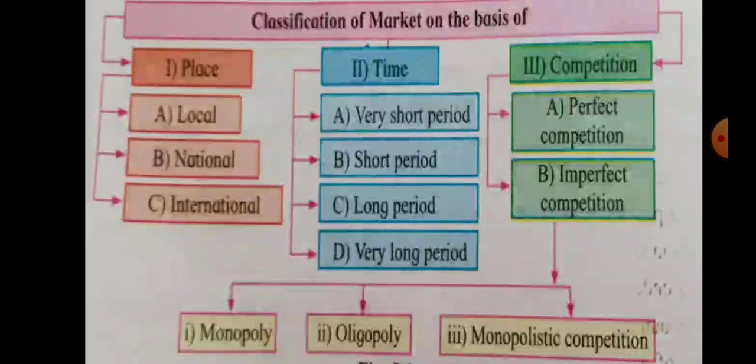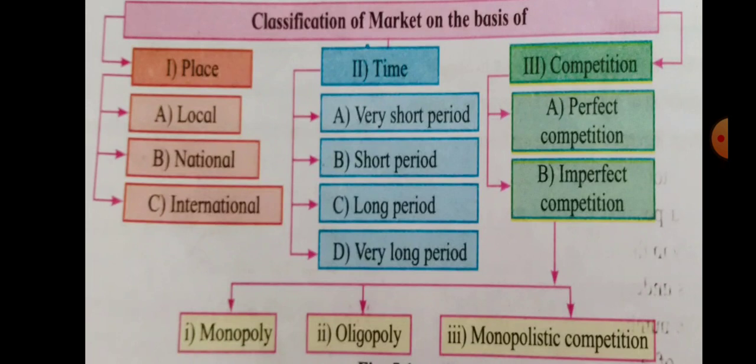Now let us see the classification of market. Market is classified on the basis of place, time and competition. On the basis of place, there are 3 types of market: local market, national market and international market. On the basis of time, there are 4 types of market: number 1, very short period market; number 2, short period market; number 3, long period market; and very long period market.